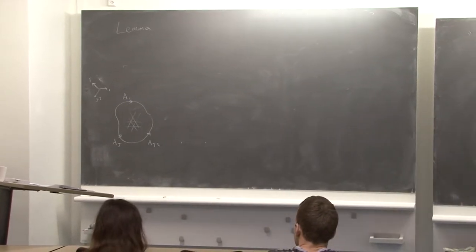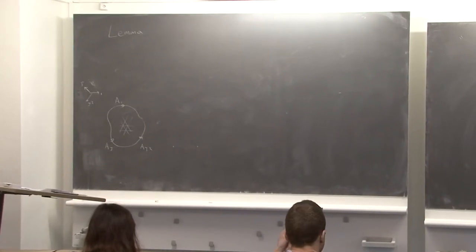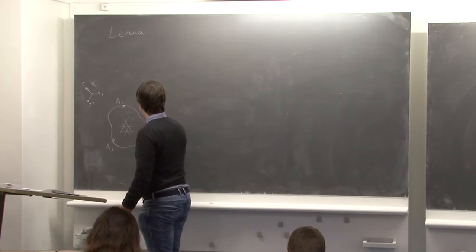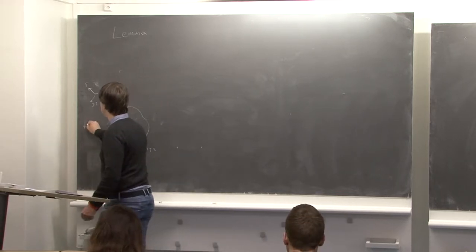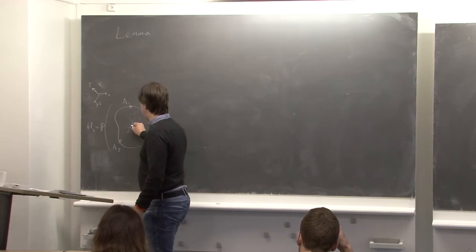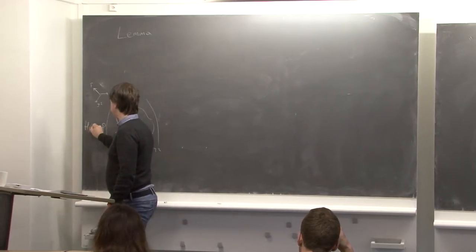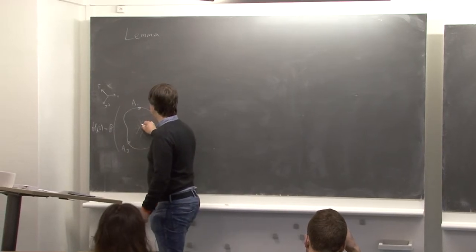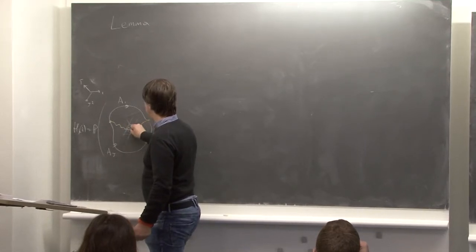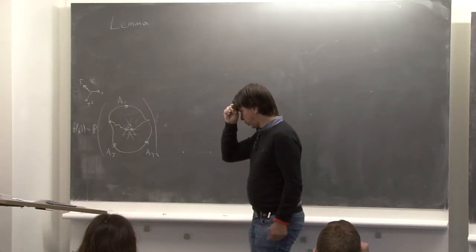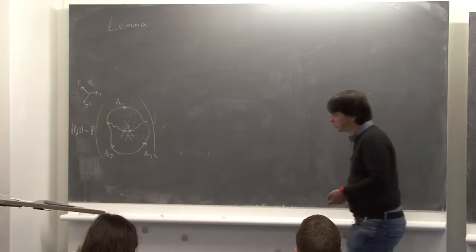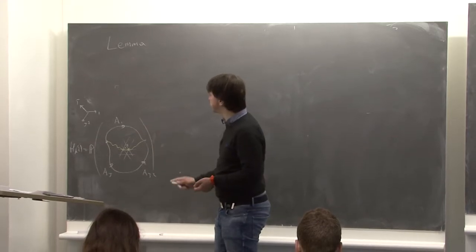Now, what we defined: H1 of Z is the probability that there is a crossing which separates Z and A1 from the two other boundary points. And what we proved is that there are three functions like that, H1, H2, H3.